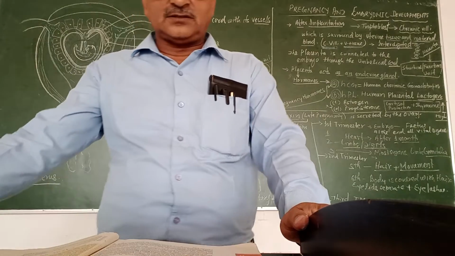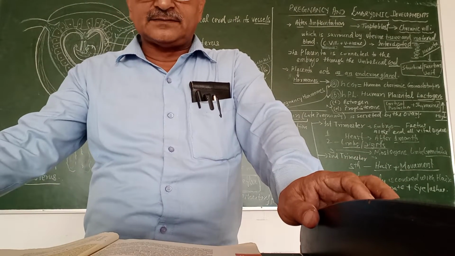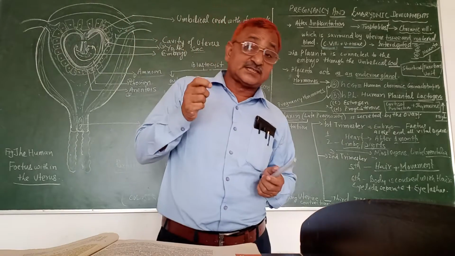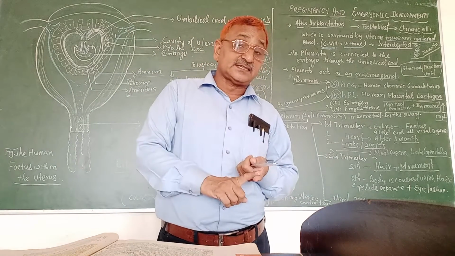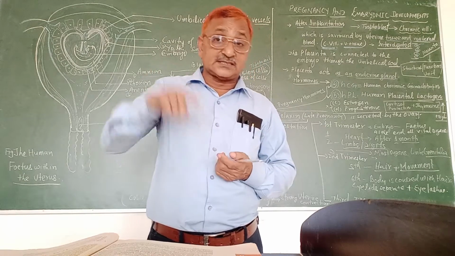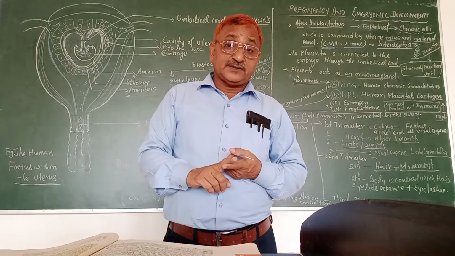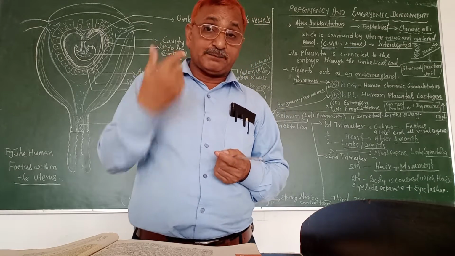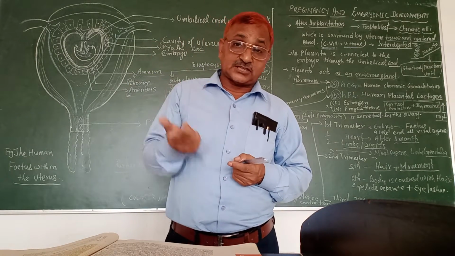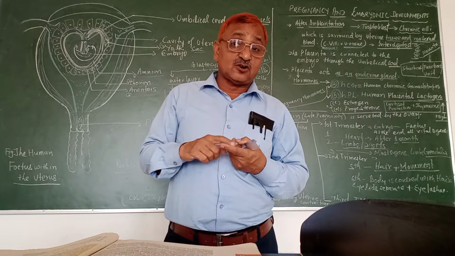In parturition, an important event takes place: the signal is sent by the fetus itself. The fetus sends the signal through a hormone into the blood that reaches the pituitary of the mother, where it compels the posterior pituitary gland to secrete relaxin as well as oxytocin.